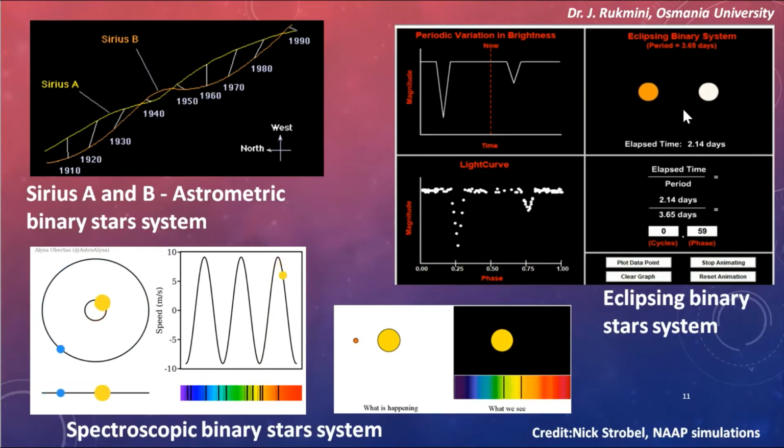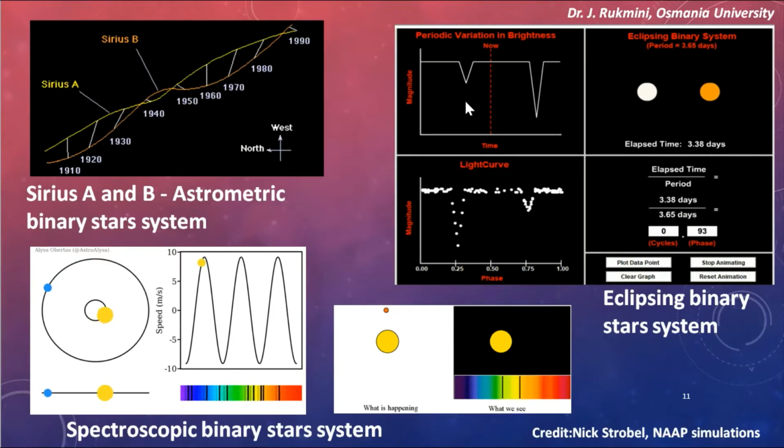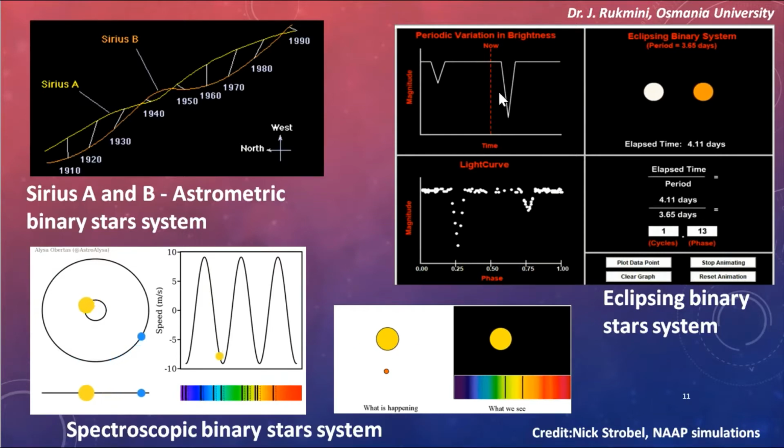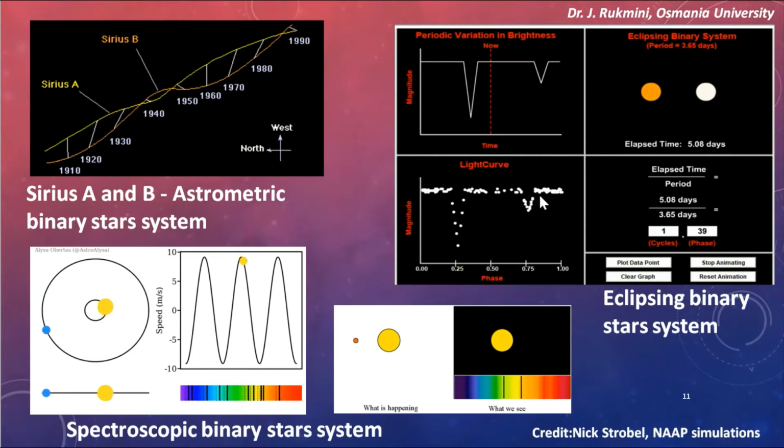Depending upon the brightness of the star which is being eclipsed, the dip has a different depth in the light curve. What you see in this window is known as a light curve, wherein the brightness of the system is plotted with respect to time, and the depth of the dip depends upon the amount of light blocked during the eclipse. So here is the theoretical observation, a simulated light curve.